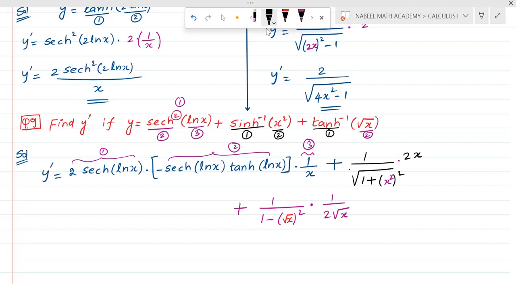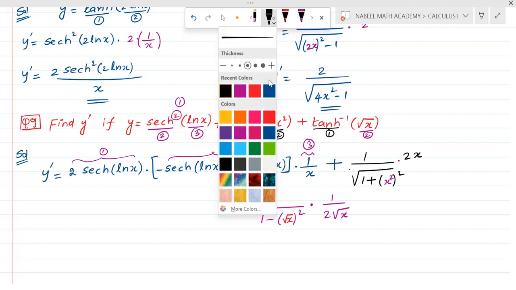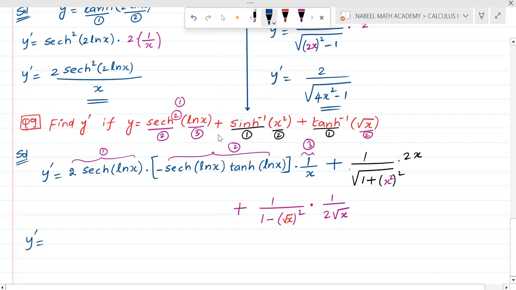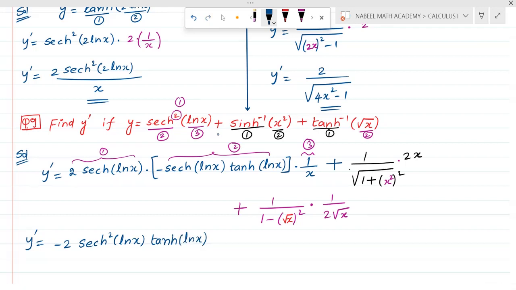So what simplification can you do for this one? For the first part, y prime is equal to minus, I multiply in front, so minus 2 times, this is sech and sech, so I write sech squared of ln x, times tanh of ln x. This is only one term, all together over x.